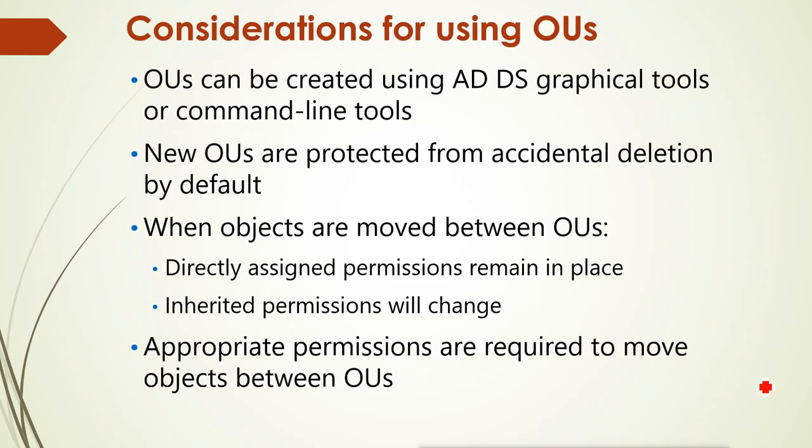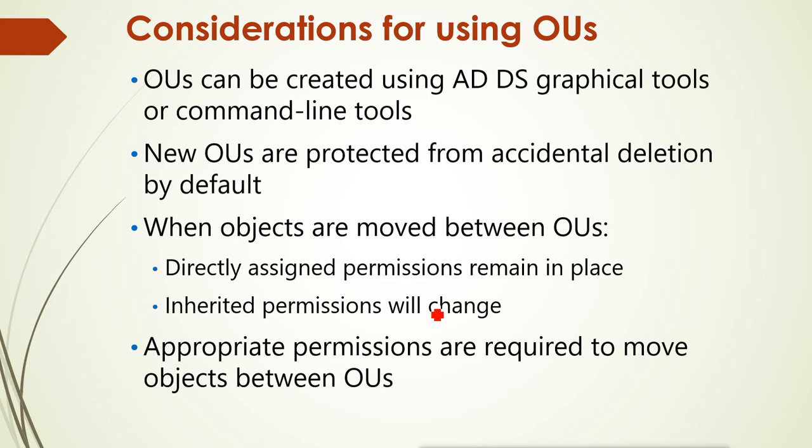Now when we are creating the OUs, we have to consider that OUs can be created using ADDS graphical tools or command line tools like PowerShell. Then the new OUs are protected from accidental delete by default. That option which was there for the user accounts, we had to select that option. Now for OUs, that option is selected by default. And when objects are moved between OUs, directly assigned permissions remain in place and inherited permissions will change.